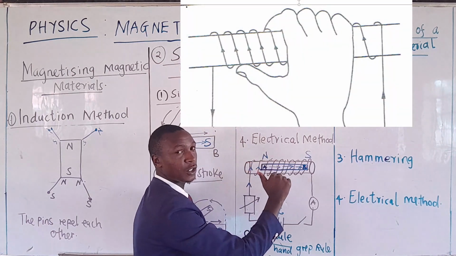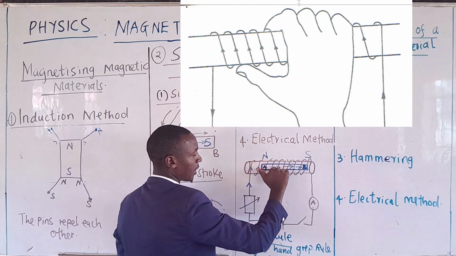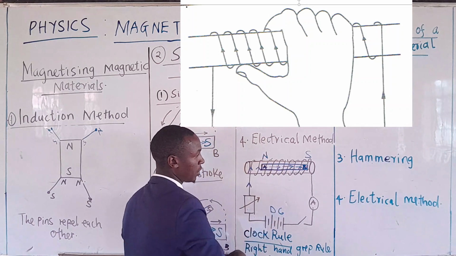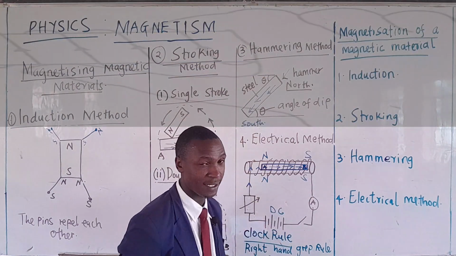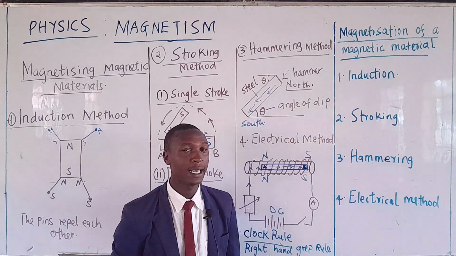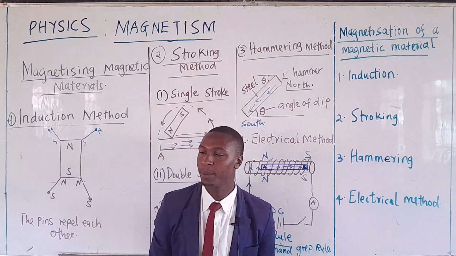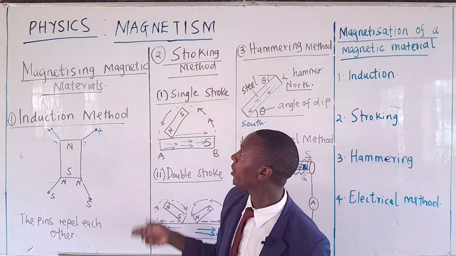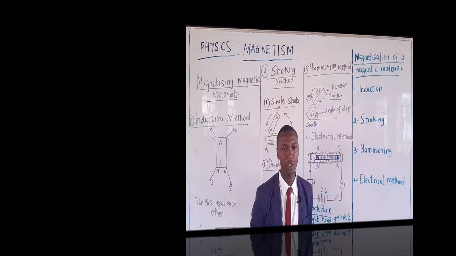Now that direction is the north. So as you can see here, if I grip this, this direction is going to be the north, and the other side is definitely a south. Now that is how we magnetize materials: the induction method, single stroking, double stroking, hammering, and electrical method.